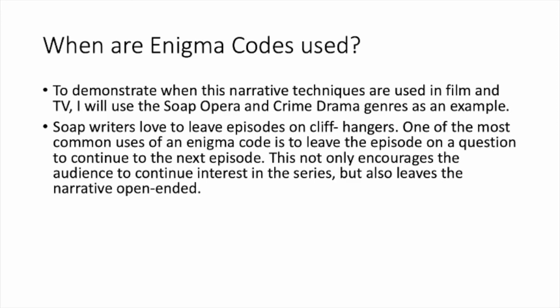It leaves the episode with unanswered questions, which entices the audience and persuades them to continue to watch tomorrow night's next episode to find out the answers to their questions. All right, so this is a technique which encourages the audience to continue their interest in the series. It leaves the narrative open-ended with lots of different questions for the audience wanting answers, and the only way they can answer those questions is by watching the next episode.